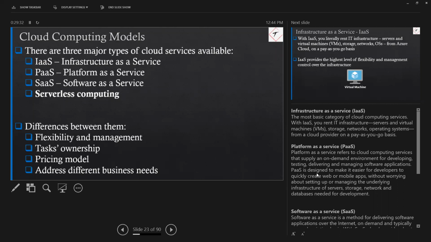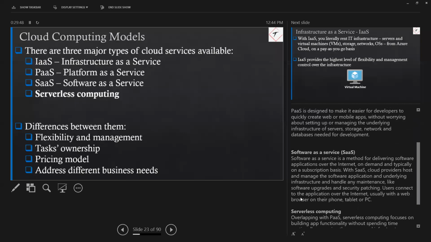PaaS is designed to make it easier for developers to quickly create web or mobile apps without worrying about setting up or managing the underlying infrastructure, storage, network, and database needs for development.